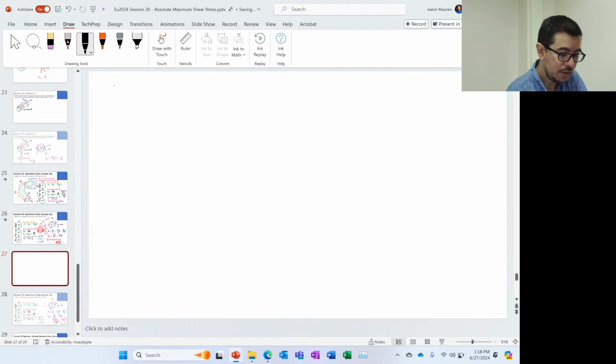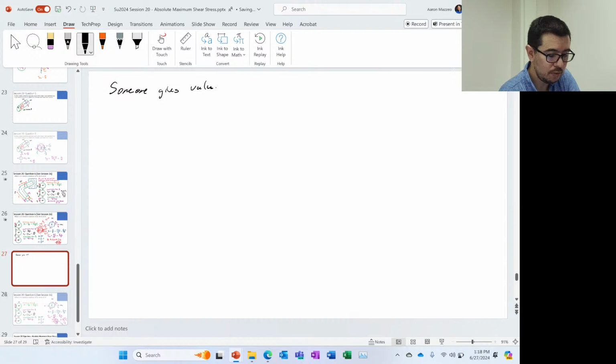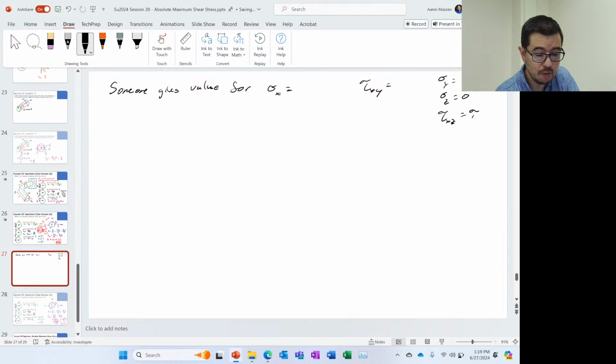Someone give a value for sigma x and tau xy. Now, of course, maybe not of course, sigma y equals 0, sigma z equals 0, tau xz and tau yz are equal to 0 as well. But would someone want to give me values?